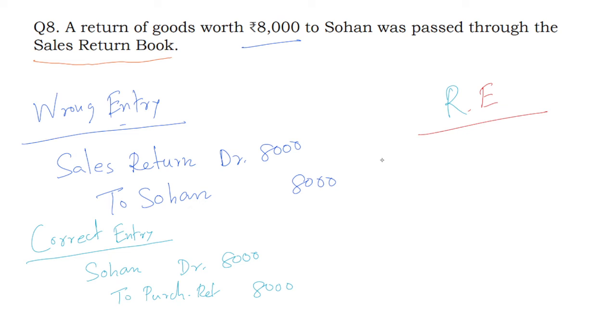By combining these two entries, what is the net result we are getting? We are getting the net result like this: sales return will be debit, to Shohan will be credit. No, first we'll write Shohan debit. How much? 8,000, right? Next credit amount will be to sales return.